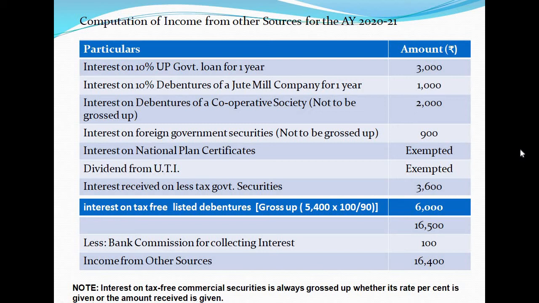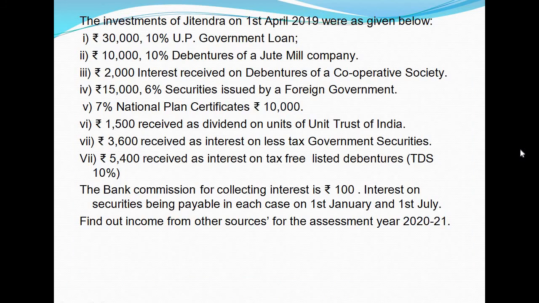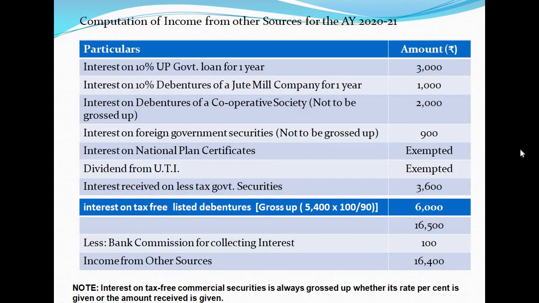The interest as per the problem has been given at rupees 5,400. So this has to be grossed up since it is a tax-free listed security where the TDS is 10%. If you have to gross it up, the gross amount will be 5,400 into 100 divided by 90. So the gross amount of interest on tax-free listed debentures will be rupees 6,000.